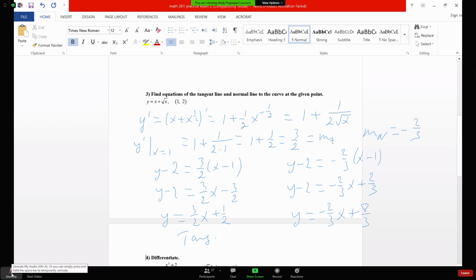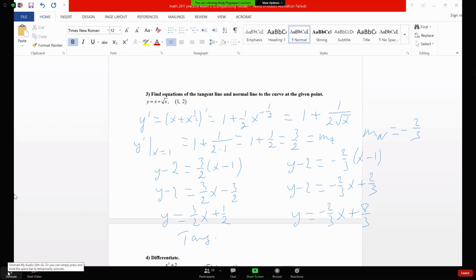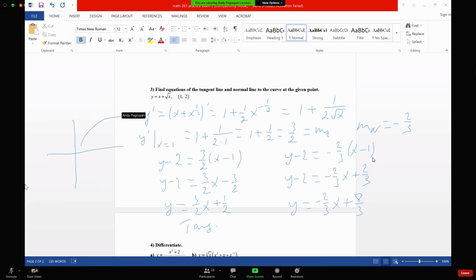Any question? Normal. It says find the tangent line and the normal. So if you have a curve, at this point, tangent.